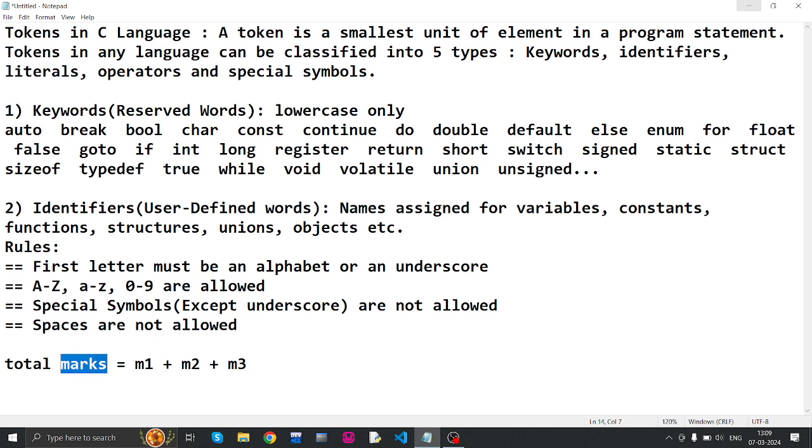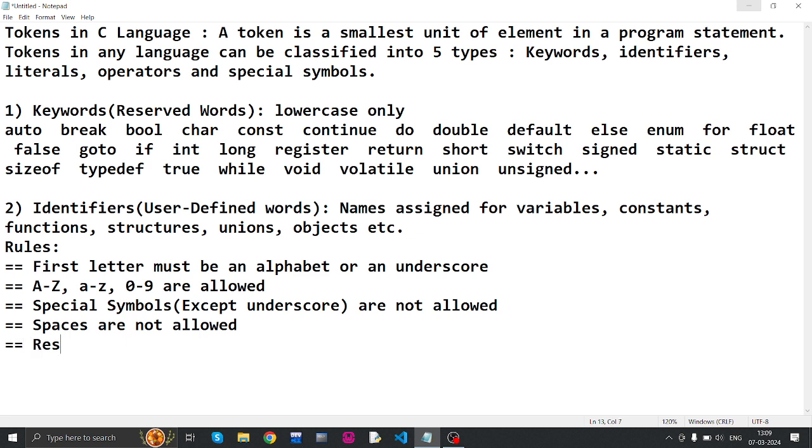So here, while naming total marks, I can use a space because it's mathematics. But if it is a programming element, either you have to combine the words or you can use an underscore as the separator. But spaces are not allowed. That's what we have to remember.